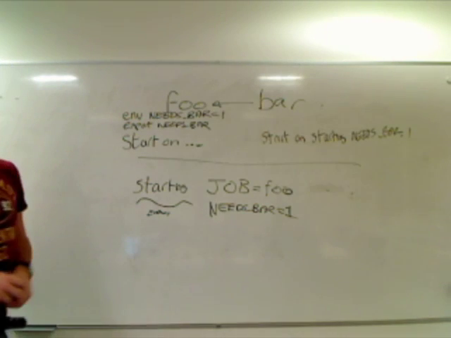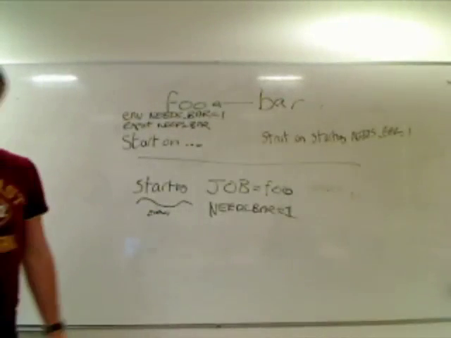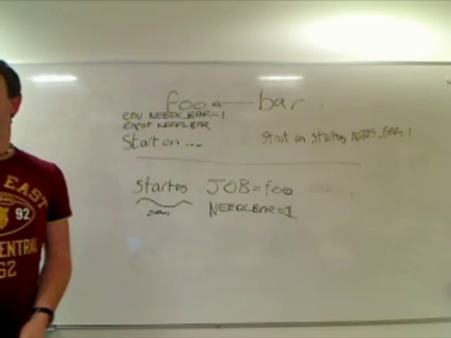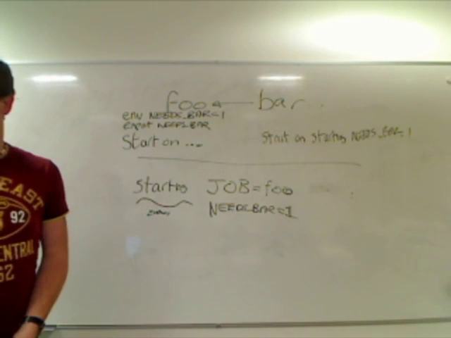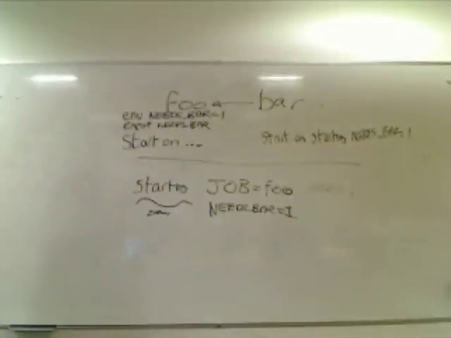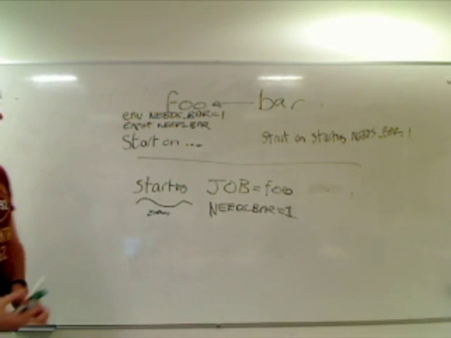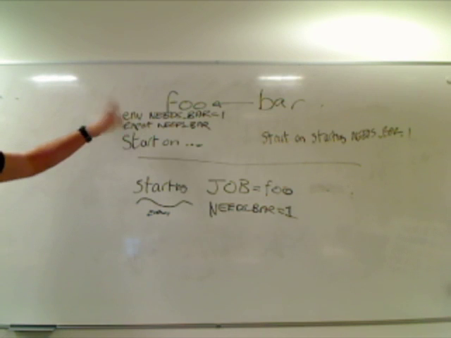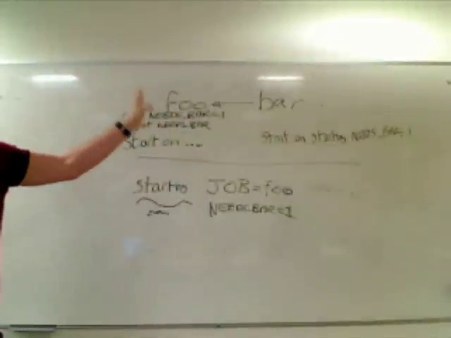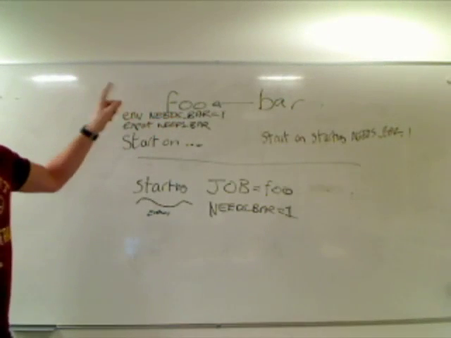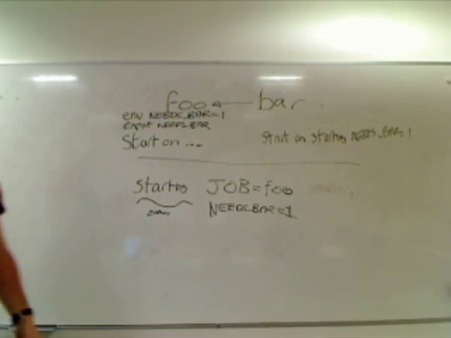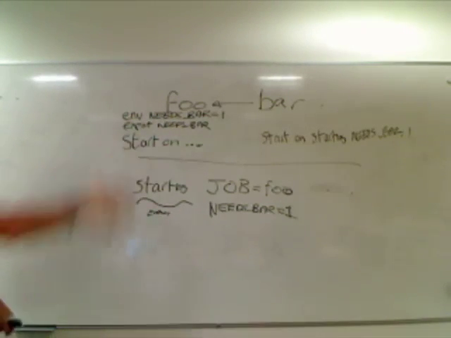We have a whole bunch of things like Plymouth, which say start on starting GDM, or starting KDM, or starting LVM, or stop on stopped KDM, and so on. Instead, we could put display manager is 1 and export display manager in the GDM conf, the KDM conf and the LVM conf. Then all you need to put in Plymouth is start on starting display manager is 1, so start on a job which has display manager 1 in its environment.